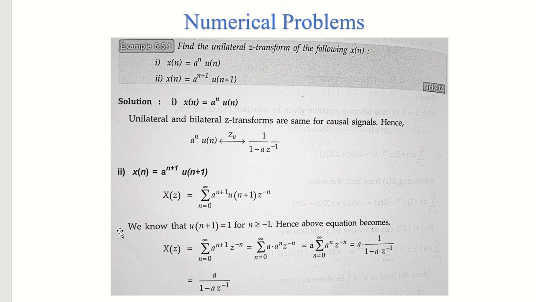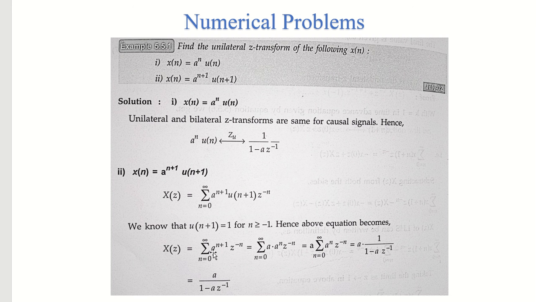Or we can do something like this. We can take summation n equals 0 to infinity a raised to n plus 1 into z raised to minus n, because the value of u of n plus 1 for all the values of 0 to infinity will always be 1. And n equals minus 1 we don't have to consider, because you are looking for the unilateral z transform, so you will not be considering this value.